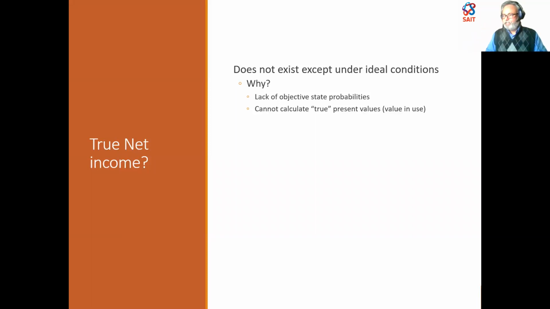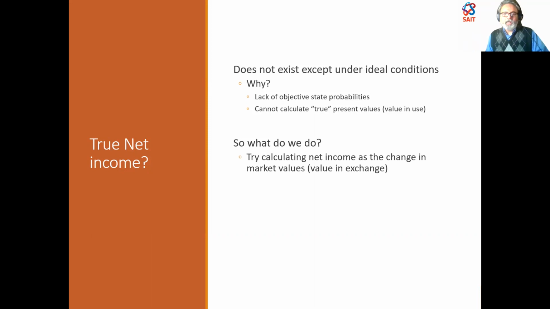So in the absence of these truly objective state probabilities, and given our inability to compute true present values, the best thing that we can do is approximate net income as equaling the change in market values of assets. And when you try to do that, we run into trouble again because we don't have complete markets for all asset classes.